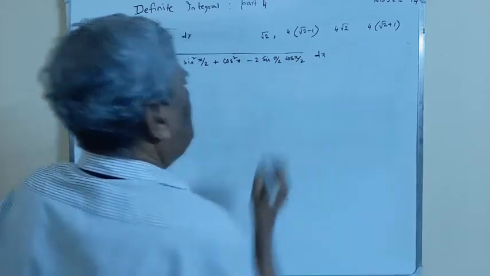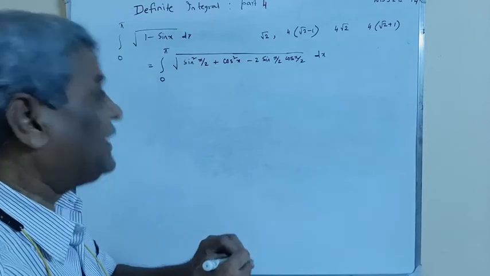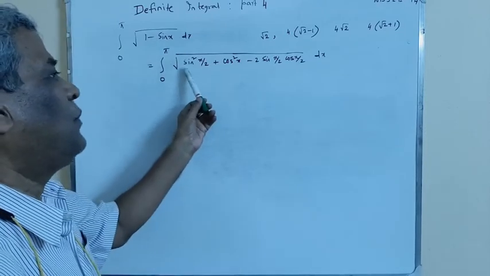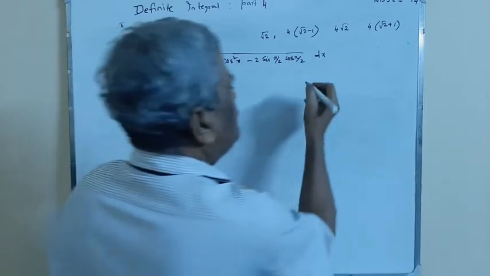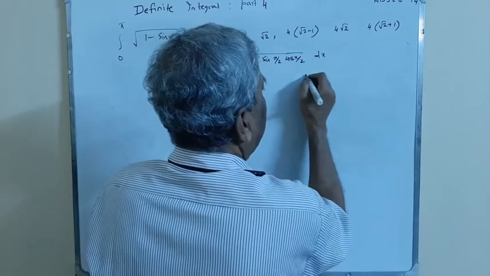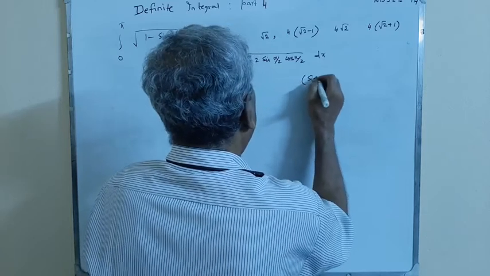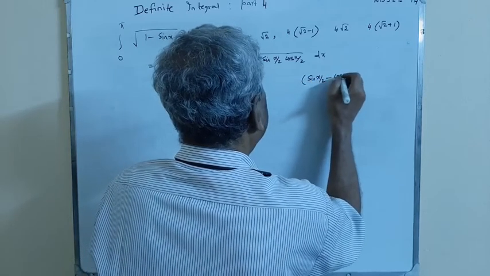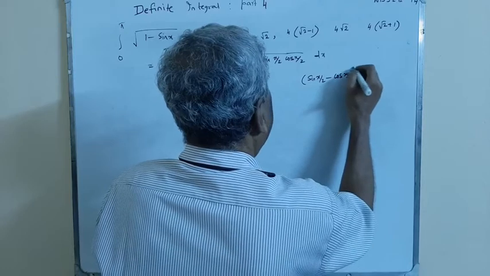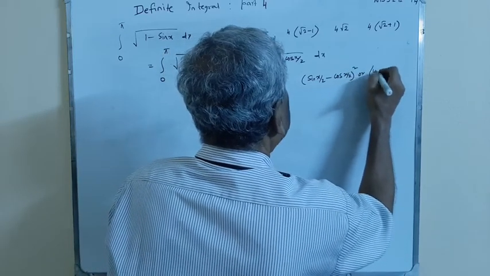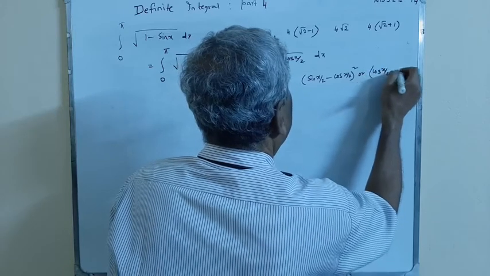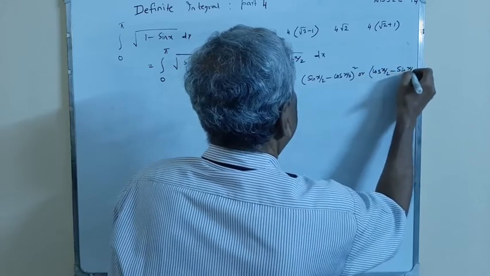So you see it is a perfect square. It is actually either sin x by 2 minus cos x by 2 whole square, or cos x by 2 minus sin x by 2 whole square.